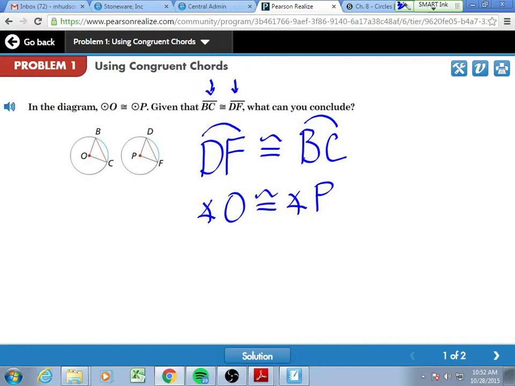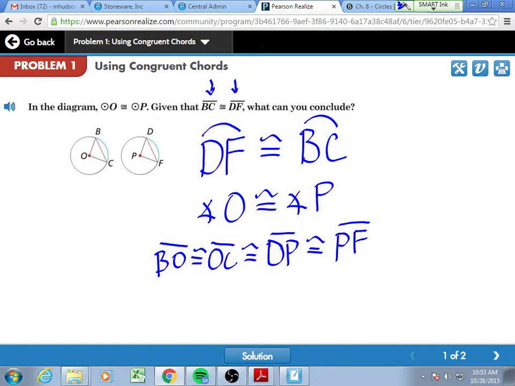What else do we know? There's more information. It's kind of like duh, but since we want to write down all the information we can, Grant? BO is equal to DP. PF is equal to OC. The triangle DPF and the triangle BOC are congruent by side, angle, side, or any number of theorems that we could use.